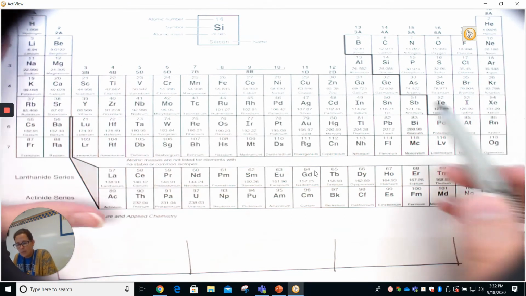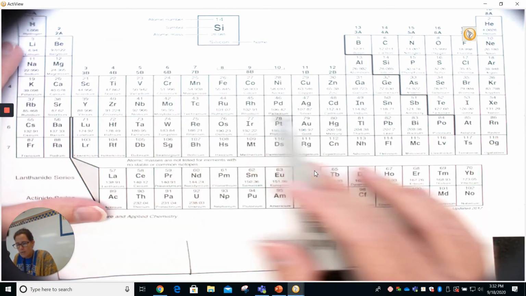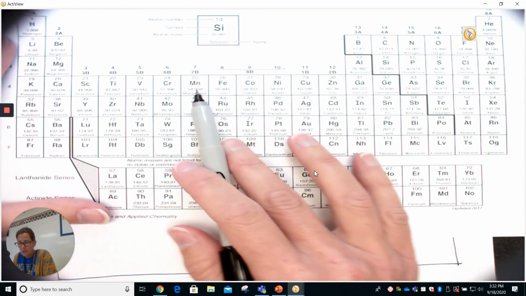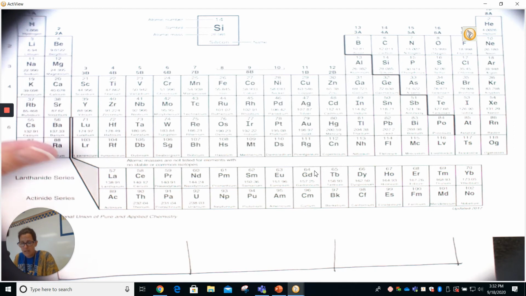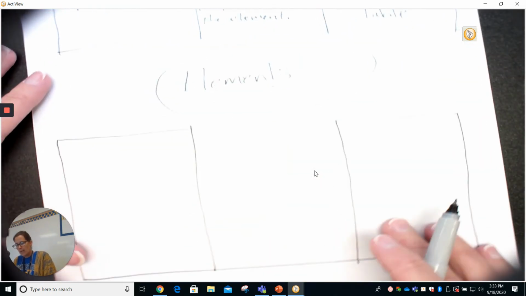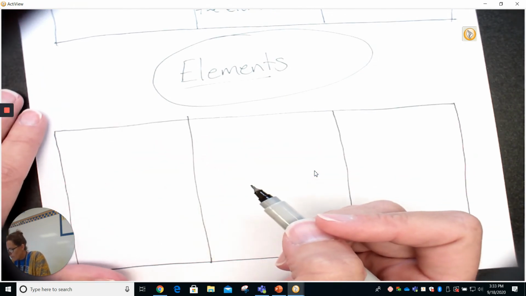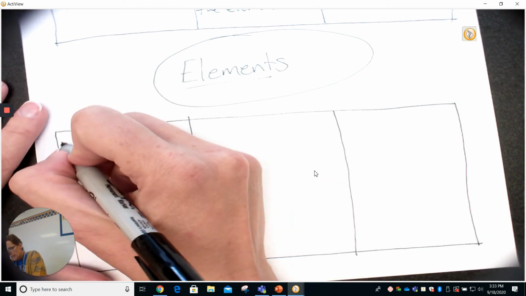Okay, well, if you look right underneath there, we've got a whole bunch more that have way more than just 1 letter, right? So all these have 2 letters, but that first letter is always still a capital letter. Okay, so we're going to talk about that right here in this box. So we're going to write that an element is represented by a chemical symbol, and a chemical symbol begins with a capital letter.